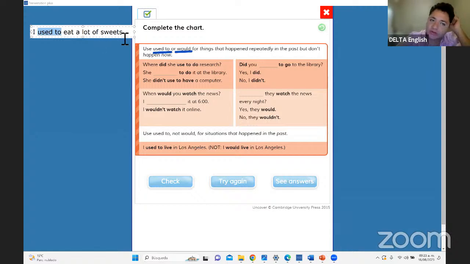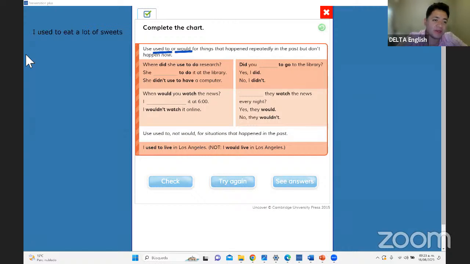Okay, so you only need to use these two words, used to. And then you have this verb in the base form. Okay, used to eat. You can use used to with any verbs. But for example, would could be the same.